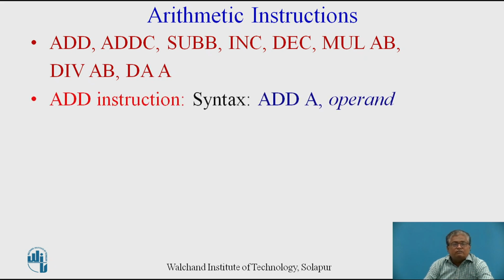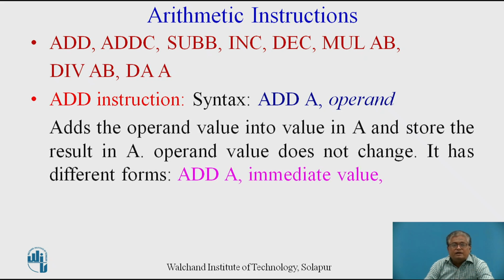So we will start with the first instruction that is used for addition, that is the ADD instruction. And syntax for ADD instruction is ADD A comma operand. So for all these arithmetic operations, your destination operand will always be register A, that is the accumulator, and the source or the second operand can be specified in different manners.